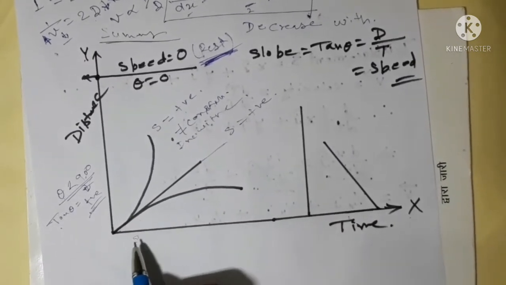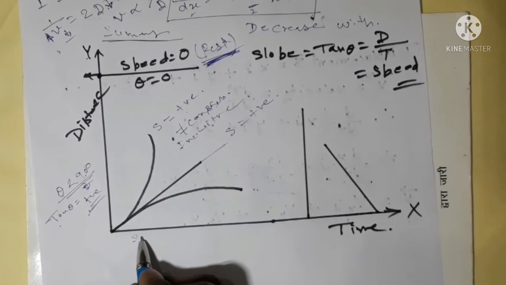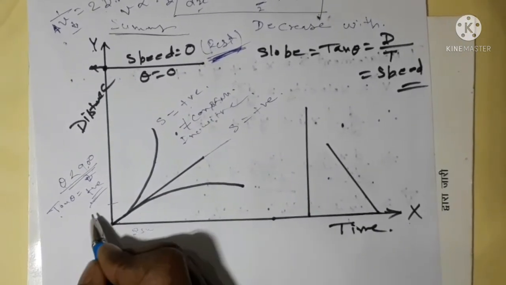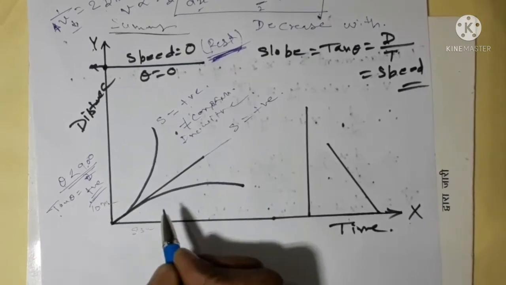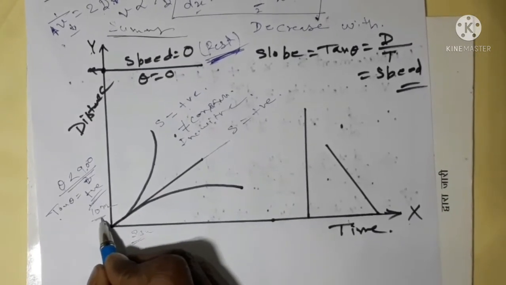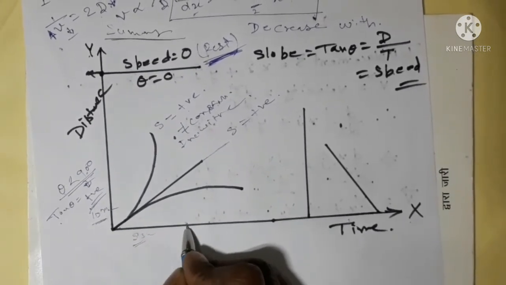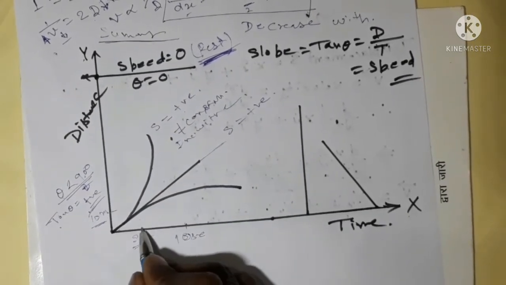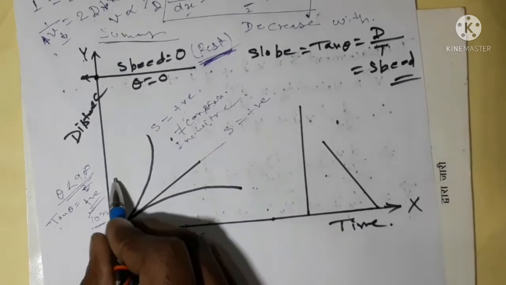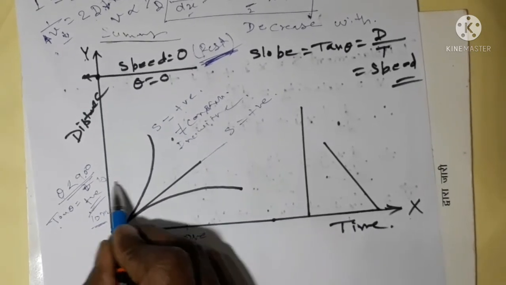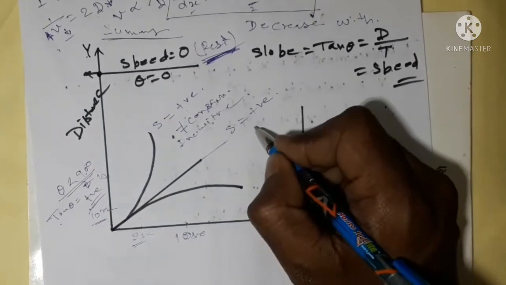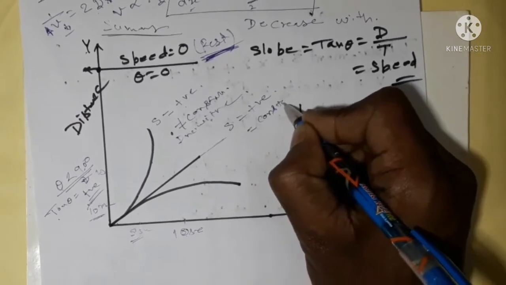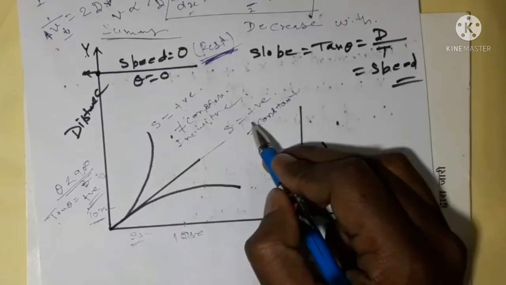If in 5 seconds it increases 10 meters, then in the next 5 seconds, 10 plus 10 is 20, the same ratio of increase. So speed is constant. Why constant? Because it is a straight line.